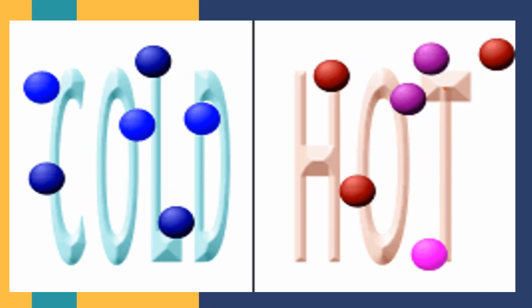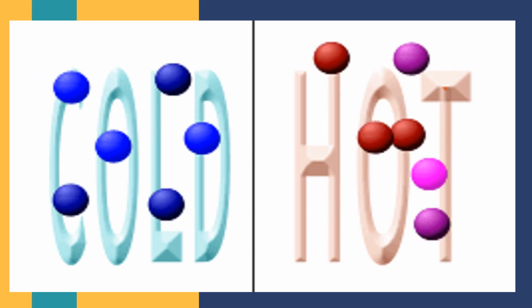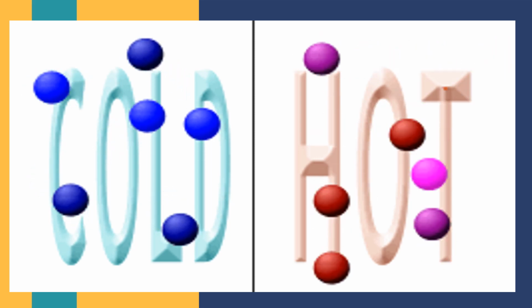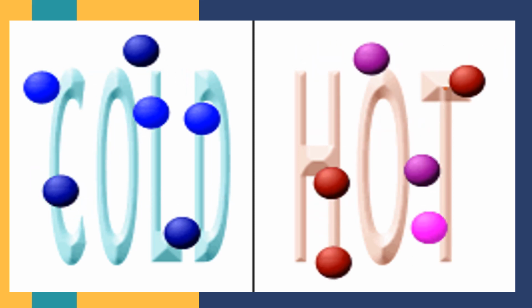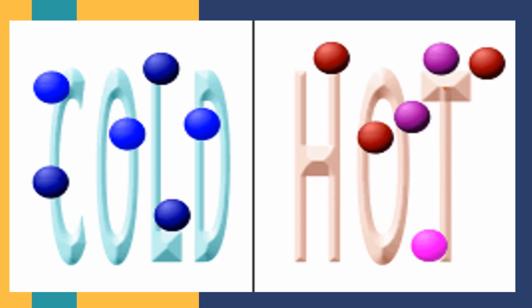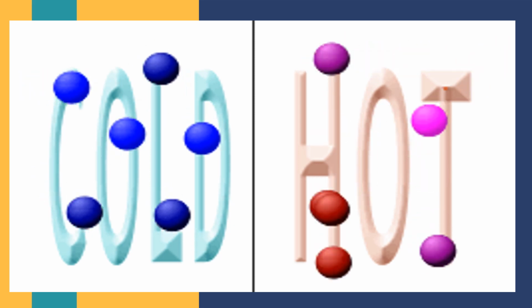Now I want you to take a look at this. In this graphical representation, you can see the cold and hot particles, or cold and hot liquid. As you can see in the cold liquid, we can infer that the particles are slow in movement in the cold temperature.